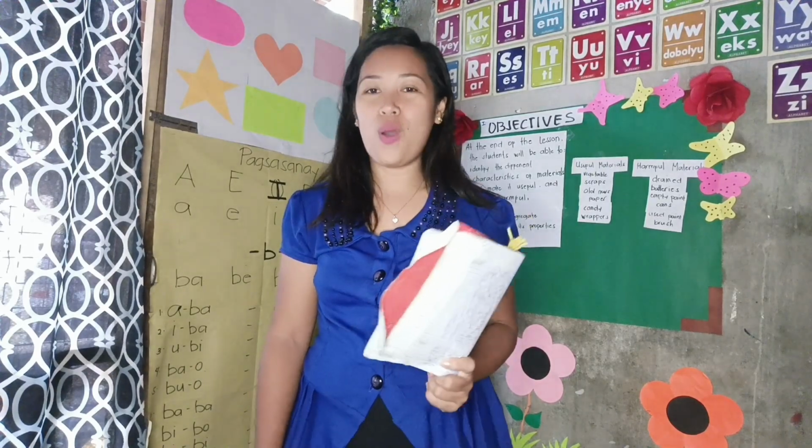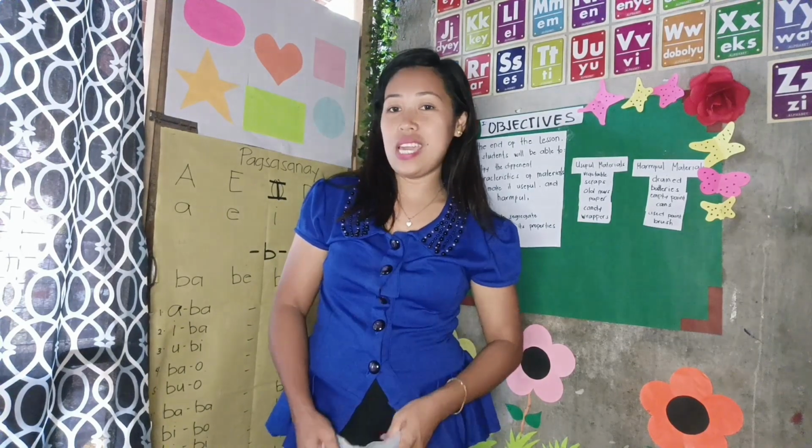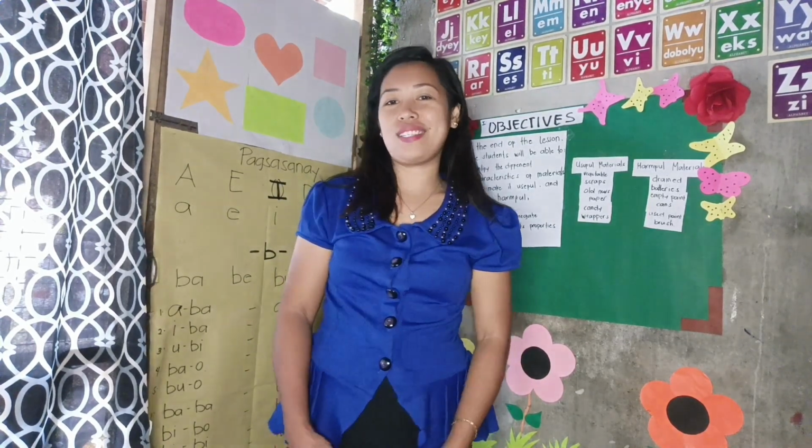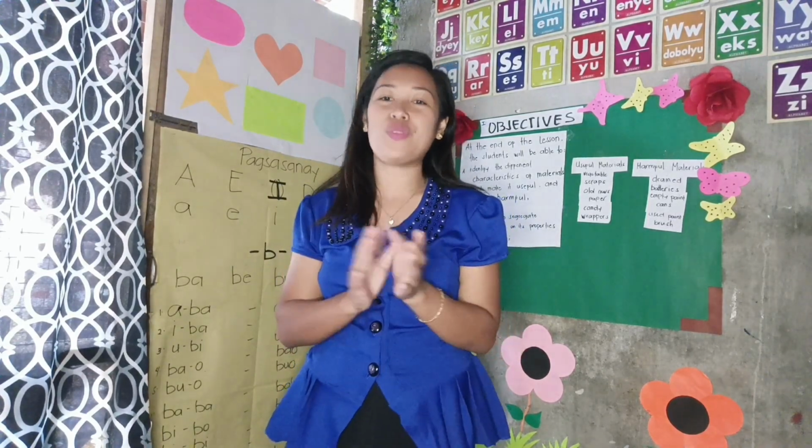Number 4, biodegradable materials do not rot easily. Is it true or false? The correct answer is false. Number 5, non-biodegradable materials can be decomposed by bacteria or other living things. The correct answer is false. Okay, so clap your hands for those who got the correct answer.